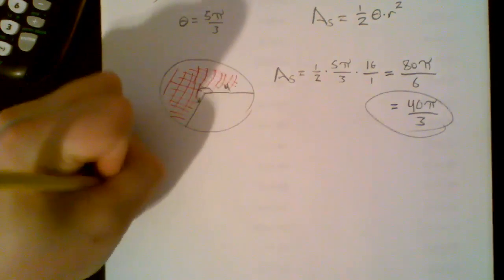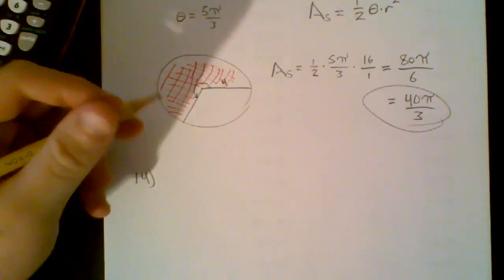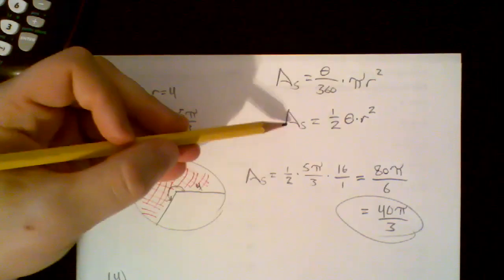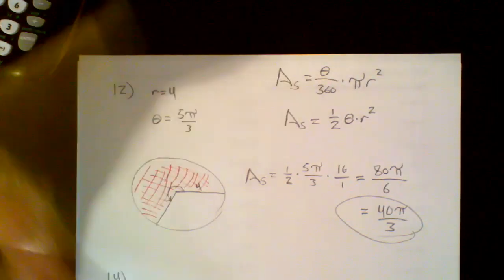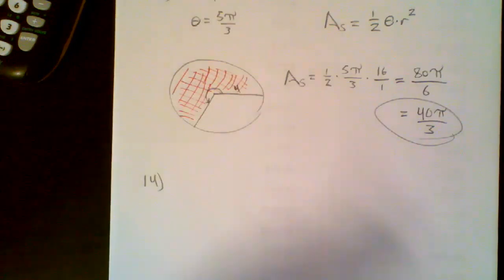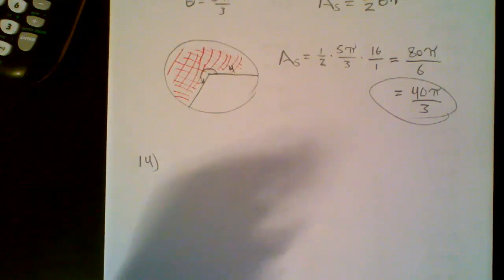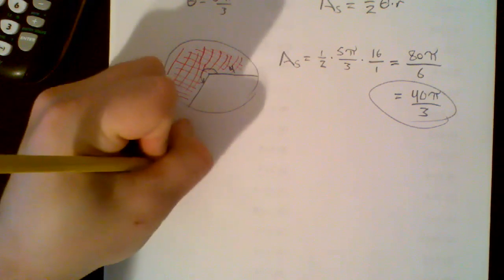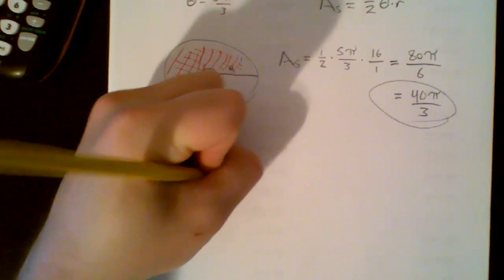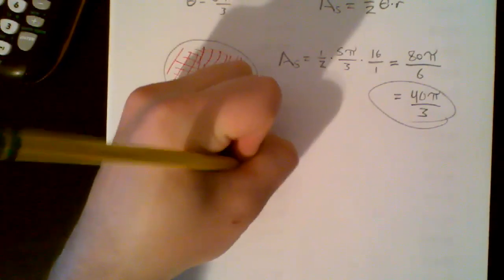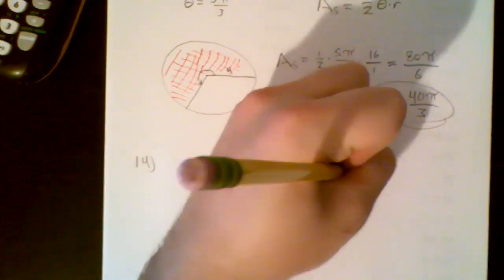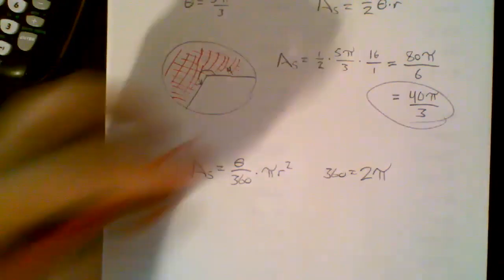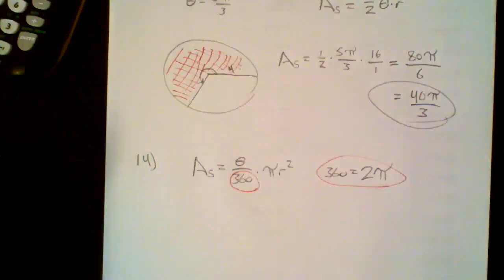Now, on number 14, Michael is saying he doesn't understand where this formula came from. Just like how we did with the arc length formula, we're going to do the same thing with the sector formula. We know the area of a sector is equal to theta over 360 times pi r squared. And again, we know 360 degrees is equal to 2 pi. So we're going to do the same old swap here.